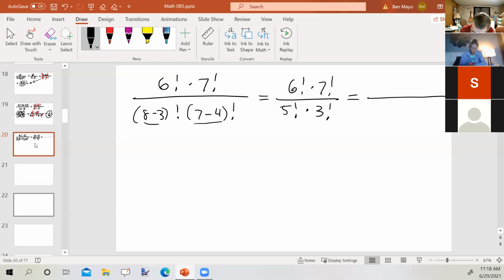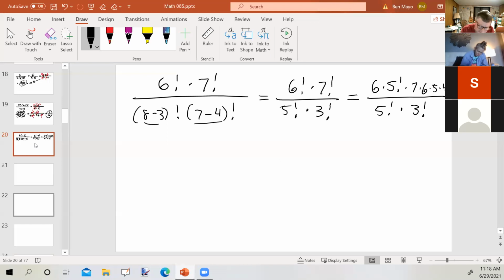I'm going to write 6 factorial as 6 times 5 factorial so that I can knock out the 5 factorial on the bottom. Then I'm going to write 7 factorial as 7 times 6 times 5 times 4 times 3 factorial, and use that to knock out the 3 factorial on the bottom.